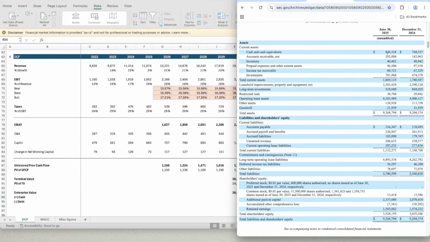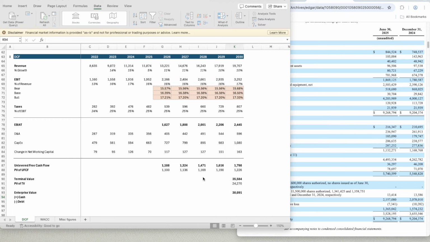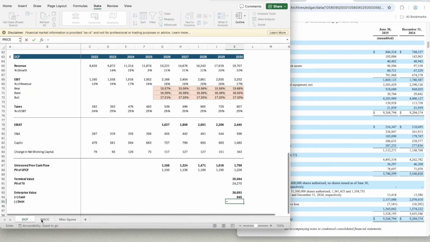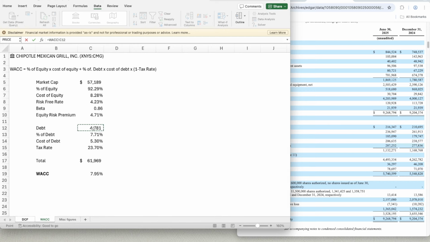So yes, 844 million in cash. So 844.524. And the debt, we know because we've just done that on the WACC, 4.78 billion.